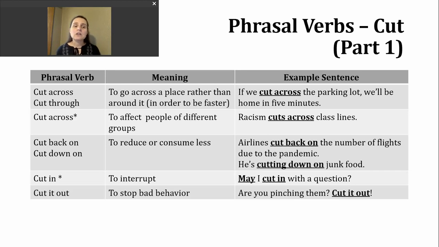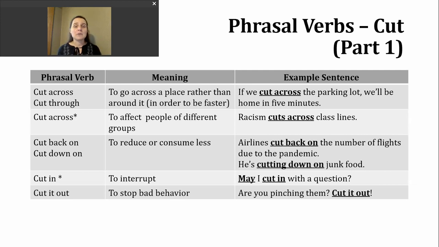And I've also included the phrasal verb cut through in this particular section because they really have the same meaning. And that meaning is to go across, or we could say through, a place rather than going around it.